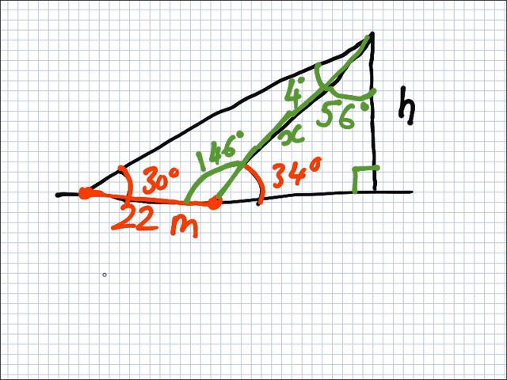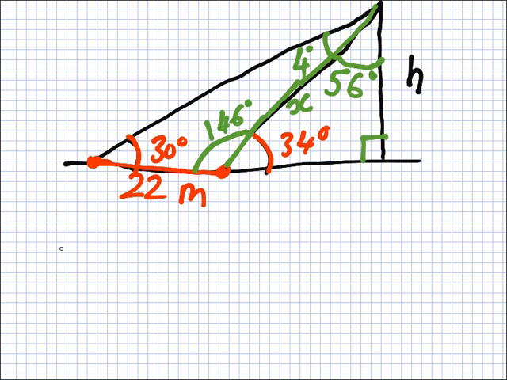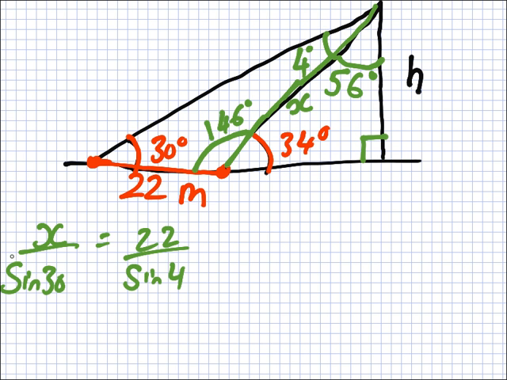Not cosine, sorry. Sine. So you can say X over sine 30 equals 22 over sine 4. So I'll multiply: X equals 22 times sine 30 all over sine 4.